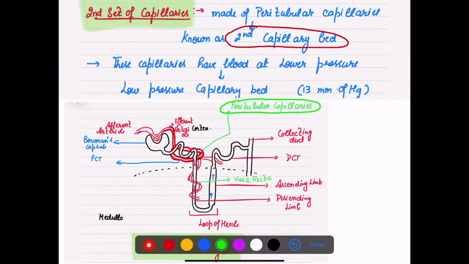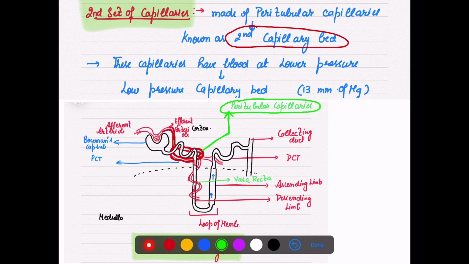This is totally mentioned in our NCERT, and we have to pay very much concentration on this because many questions come from this part, that this efferent arteriole further branches out on the PCT with the help of a bunch of capillaries, and this capillary bed, or number of capillaries, are known as our peritubular capillaries.